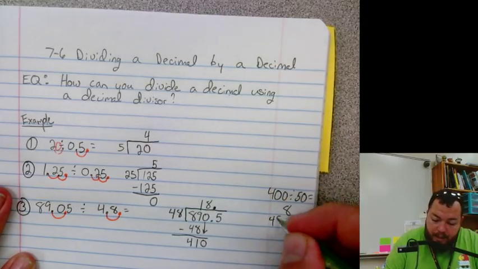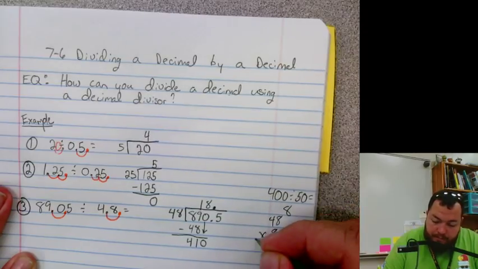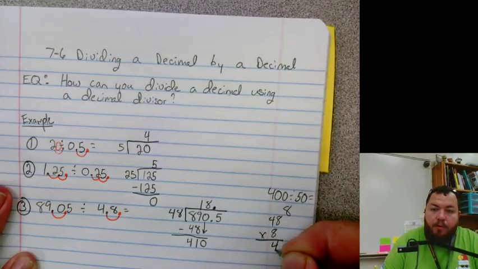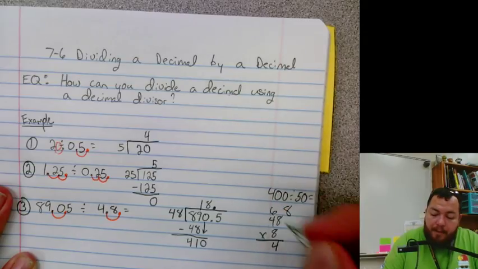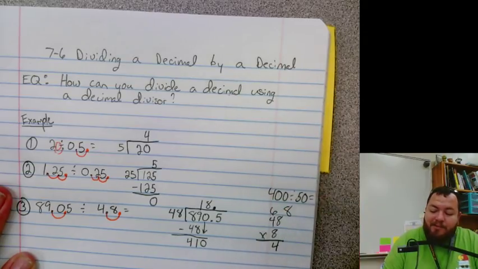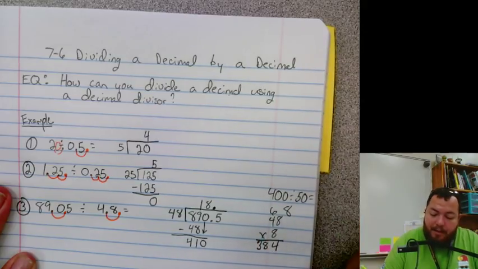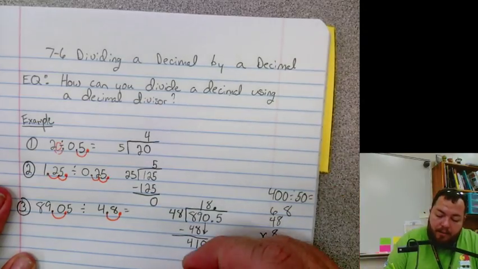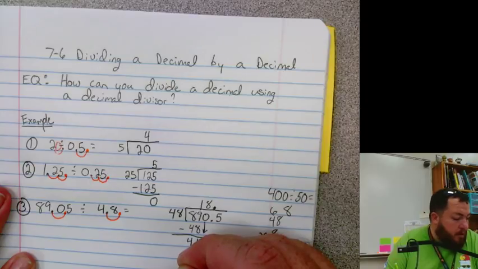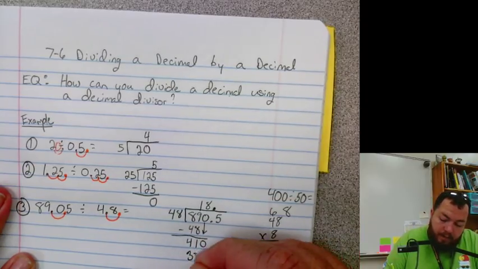So 48 times 8. 8 times 8 is 64. 8 times 4 is 32 plus 6 would be 38. So 8 times 48 would be 384.